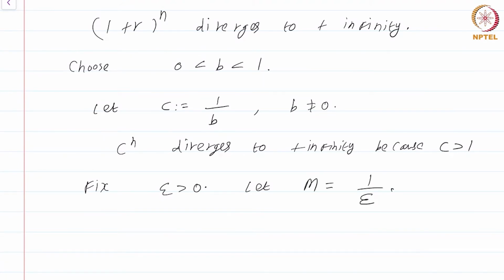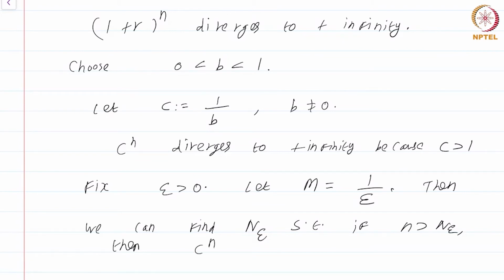Then we can find n epsilon such that if n is greater than n epsilon, then c power n is greater than 1 by epsilon.